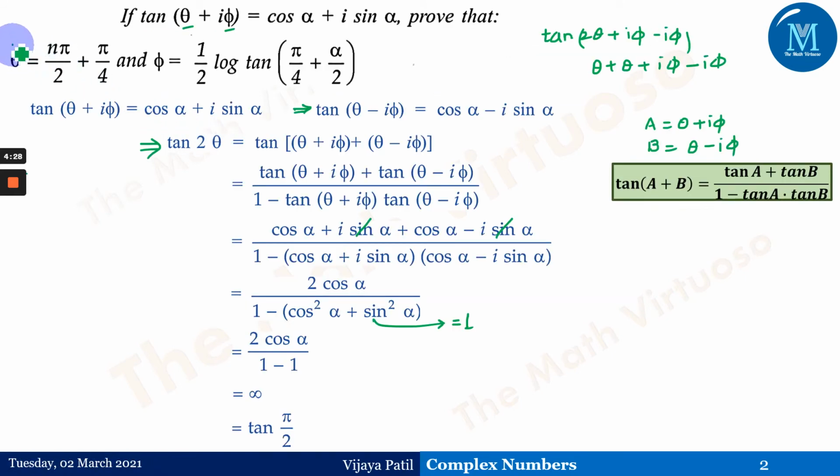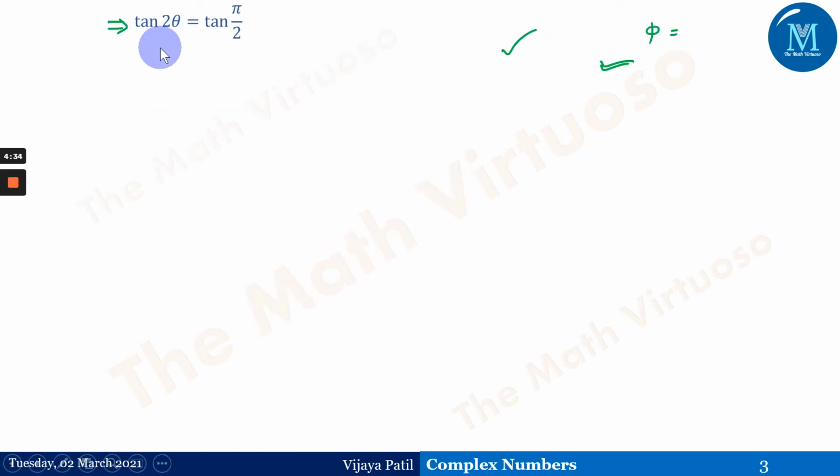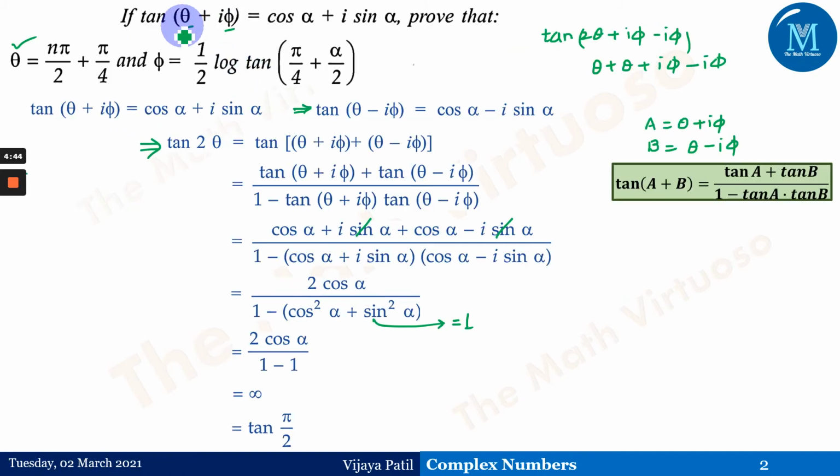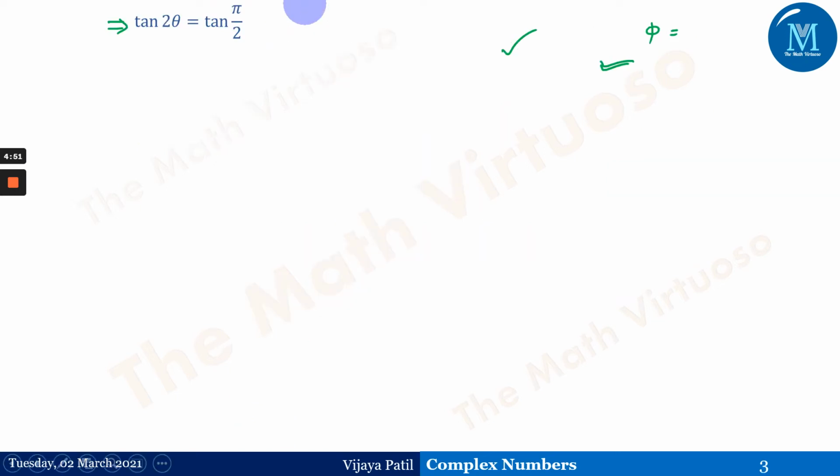There we wanted theta, and that is the reason we considered tan of 2 theta. Now we need phi, so that is the reason we have considered tan of 2i phi. We can't go directly for phi, because if you observe in the previous step, it is tan of theta plus i phi, and that is the reason we are considering i phi, so that the other things will come into the picture.